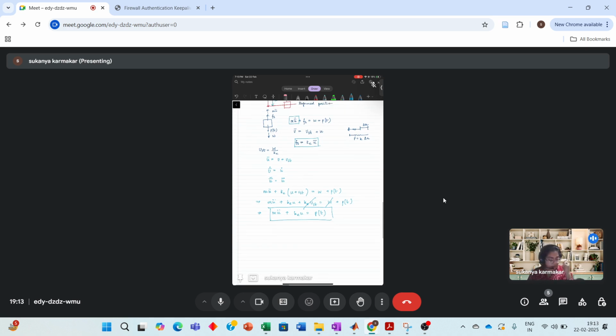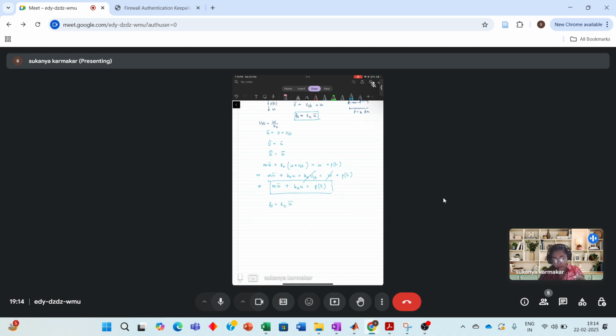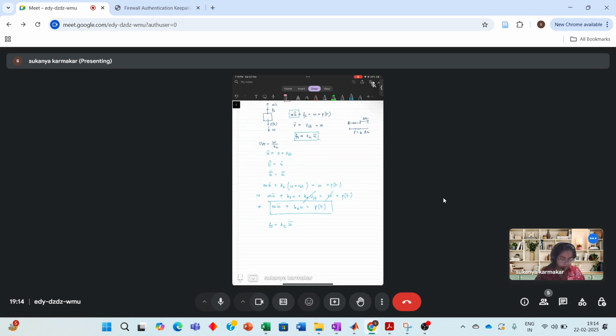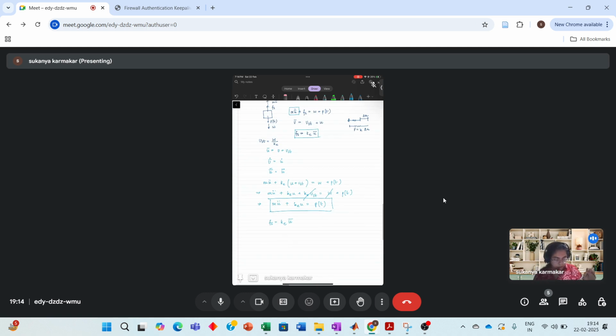And one more question was there: how do you calculate Ke? How is it established? So Fs is equal to Ke into U bar, right? Now, what is U bar? U bar has deflection from the U plus UST.